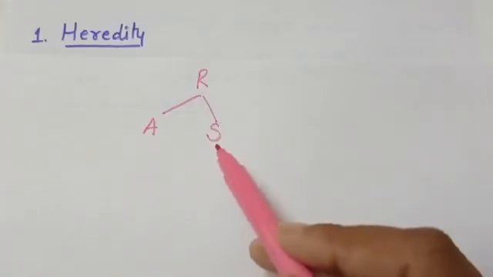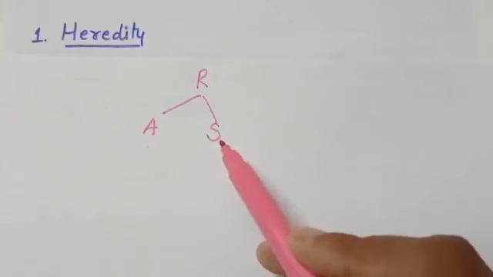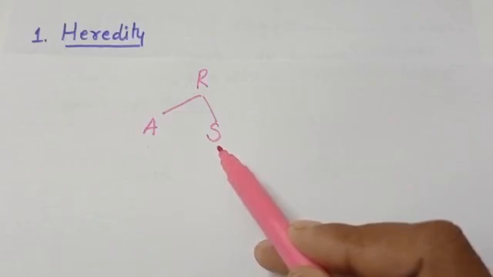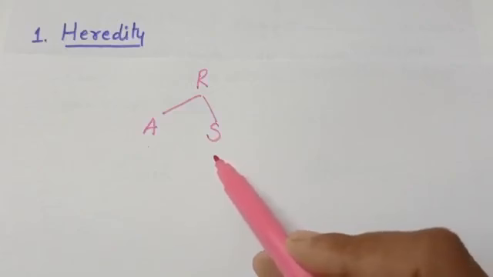And as we know, in sexual reproduction, two different parents, one male and one female, are required to reproduce. Here, two different cells or gametes fuse together to give birth to an offspring. So there are variations, changes occurring in the combined zygote which is formed.